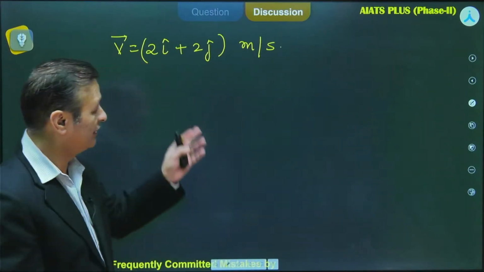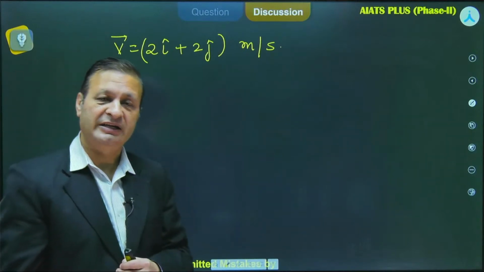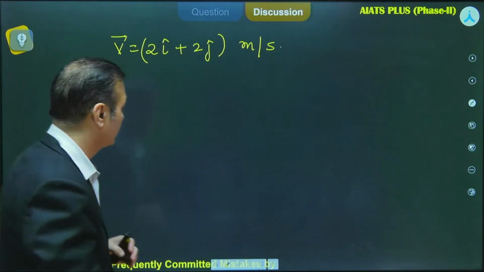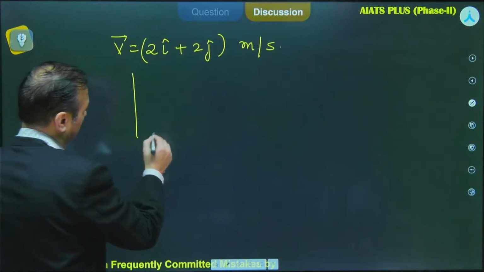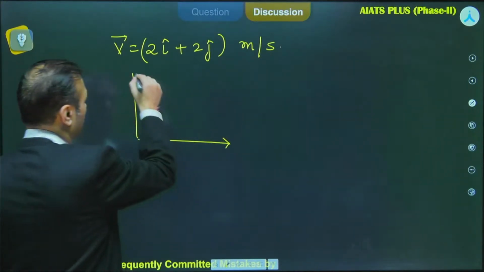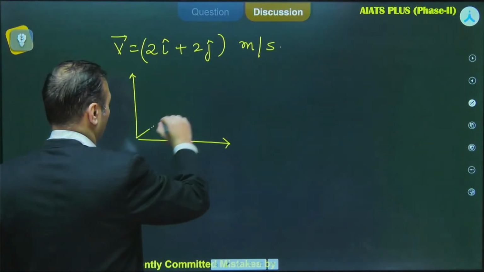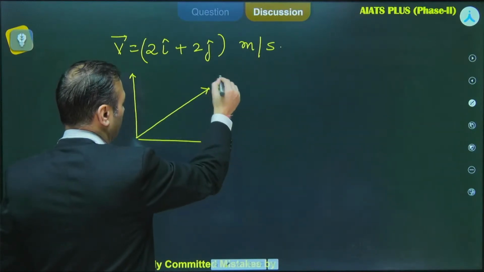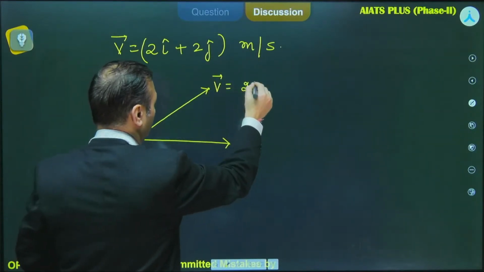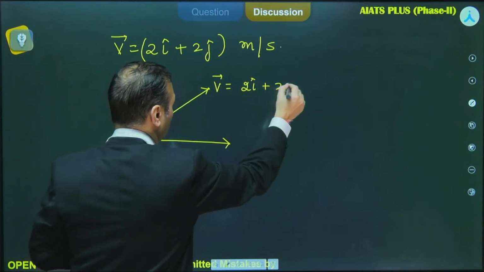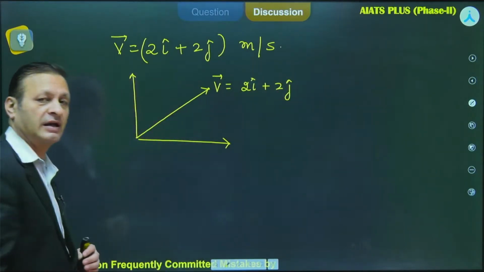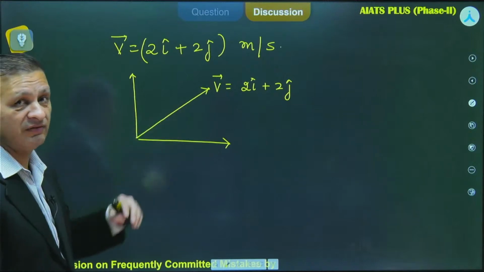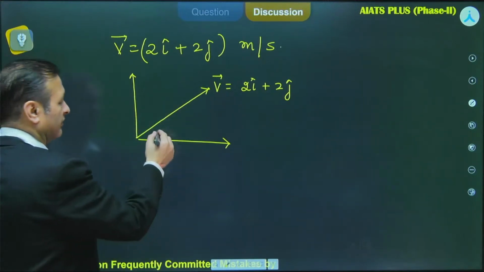At what angle is this velocity vector inclined to the x-axis? So this is your velocity vector, which is basically 2i cap plus 2j cap as per the numerical values given in the question.